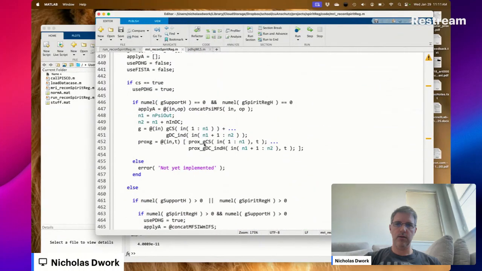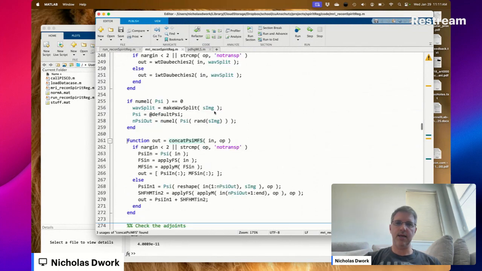Here. Apply A. Concatenate psi and MFS. Psi, MFS.